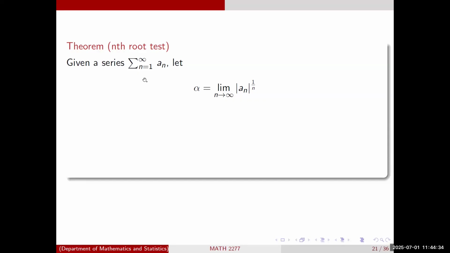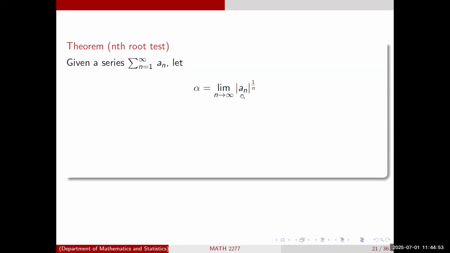So what you could do is, like the ratio test where we have to determine a number called L, in this one we need to find a number called alpha. Now alpha is just the limit of the absolute value of these terms to the power of 1 over n.